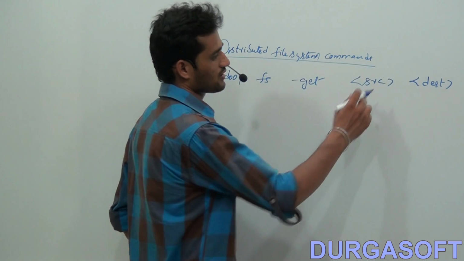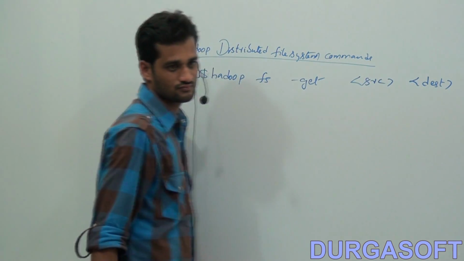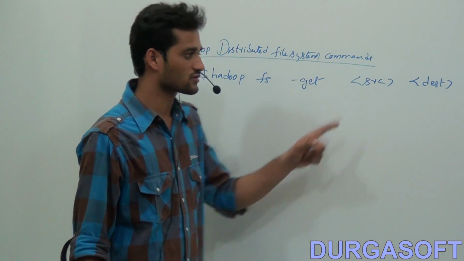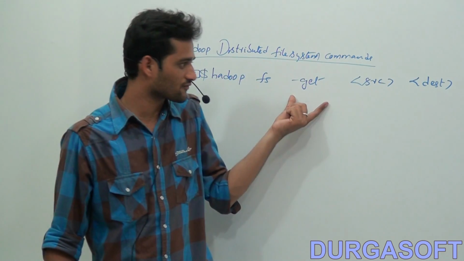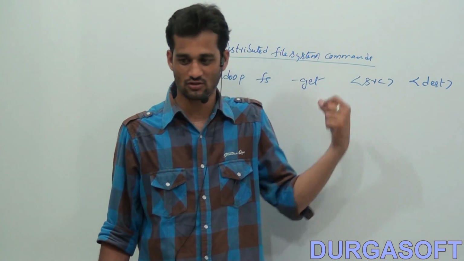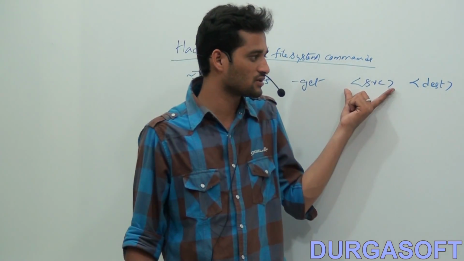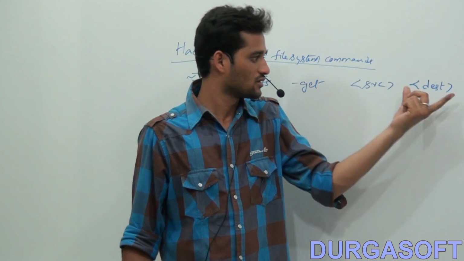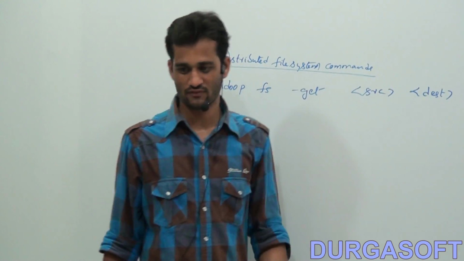Now, can somebody say what is the source here? HDFS. You are getting the file from HDFS back to our local machine. Source means the HDFS file system, destination means the local file system.